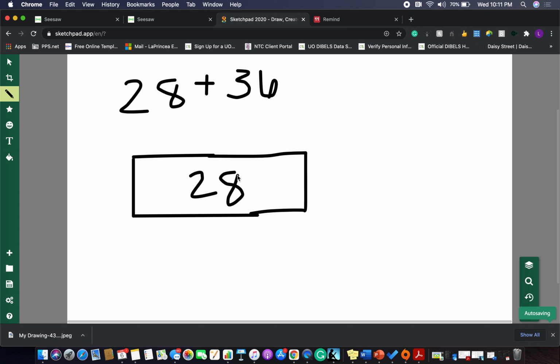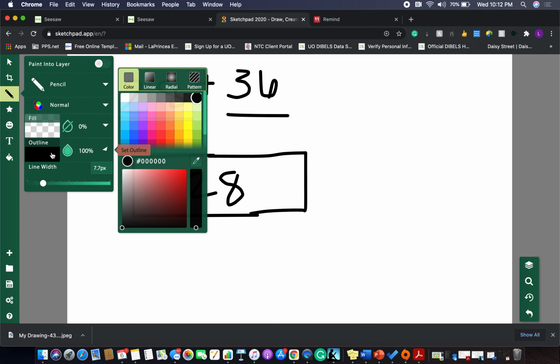And before I move to the next number, I'm going to look at both of these numbers. And if you think back to that first part where I asked myself which one will make it to 10 first, I'm going to do that on this strategy as well. So which number is going to make it to 10 first? Hopefully you're saying the number 28, and that needs 2 more to get to 30.